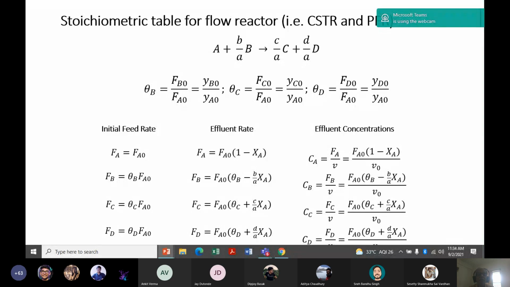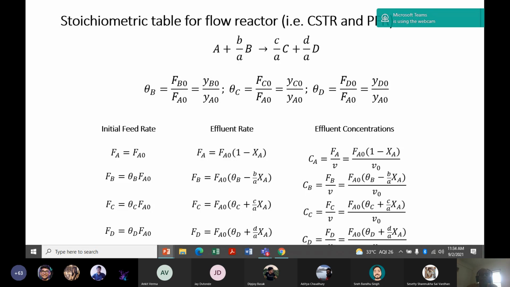Say, hydrogenation of organic vapor A: 30% A, 30% hydrogen and 40% inert. Inert means nitrogen, argon; these are used as inert material.